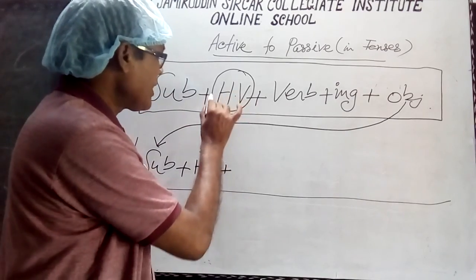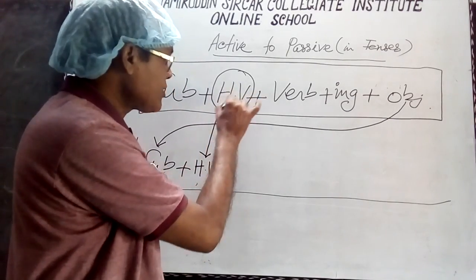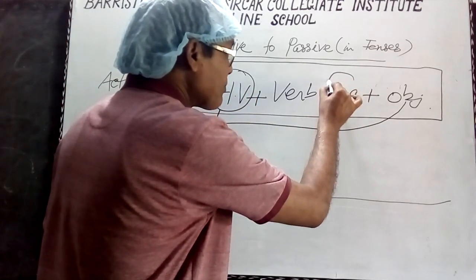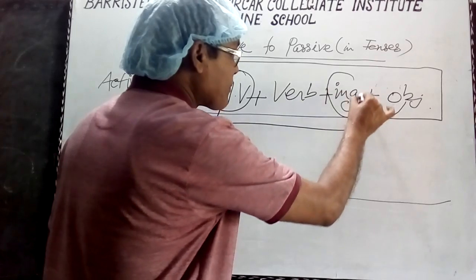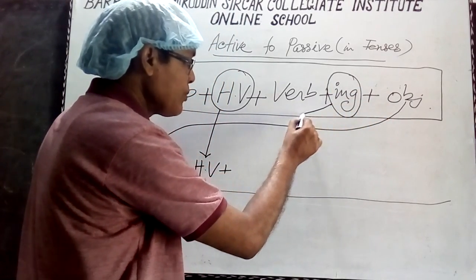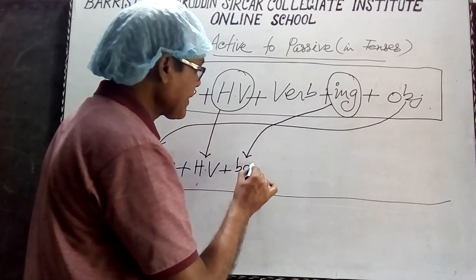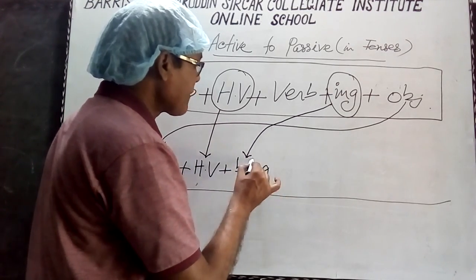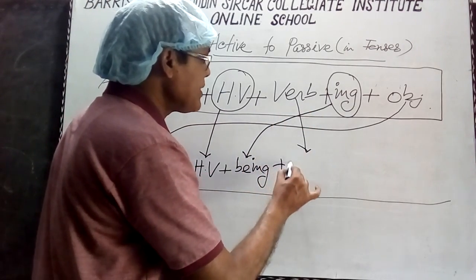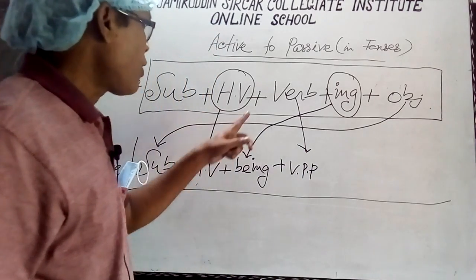If there is am, there will be am. If there is was, were, there will be was. And the verb has ing. So we remove the ing, and we must put here being, and the main verb will be in the past participle form.